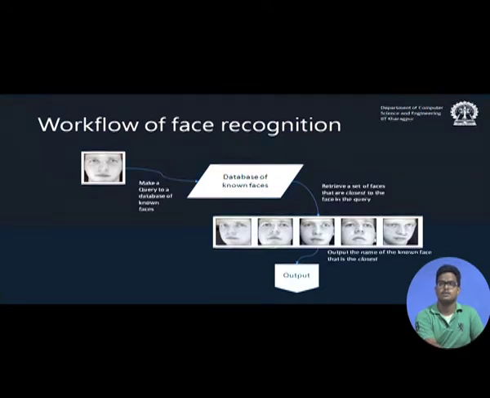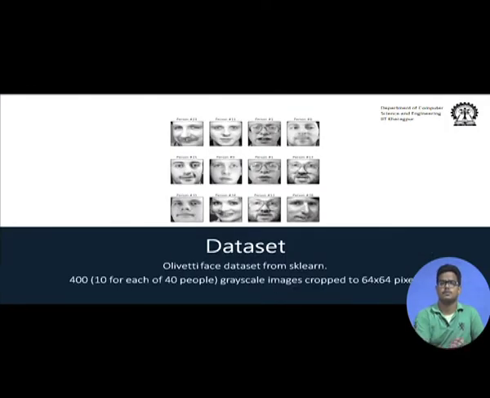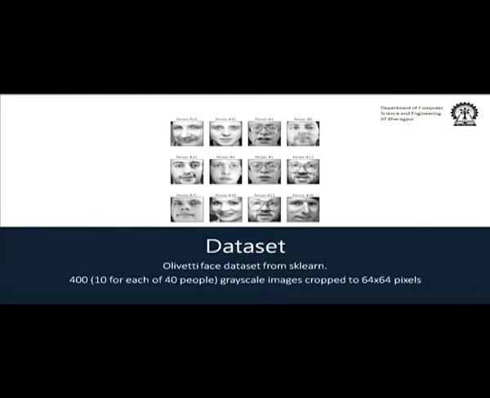Now, how does principal component analysis work in this particular scenario, which we will study in this section of the tutorial. The data set that we will be concerned with is the Olivetti face data set of scikit-learn, and these are grayscale images of faces of 40 people, and each of these 40 people has 10 faces.